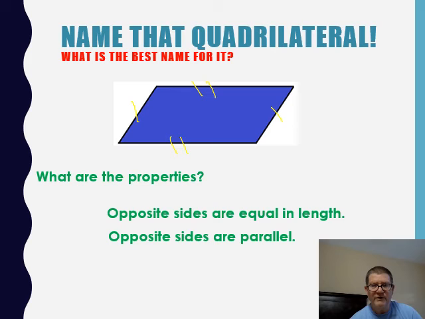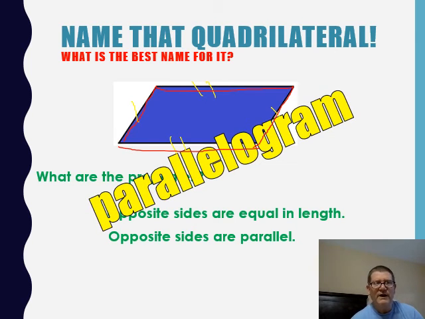In other words, let me get a different color going here. This side here is parallel to this side here, and this side here is parallel to the opposite side. And that is obviously a parallelogram, because opposite sides being equal and opposite sides being parallel, it's a parallelogram.